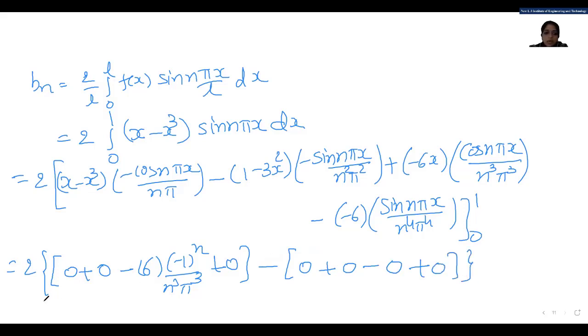So my answer for Bn is minus 12 times minus 1 raised to n upon n cube pi cube, right?